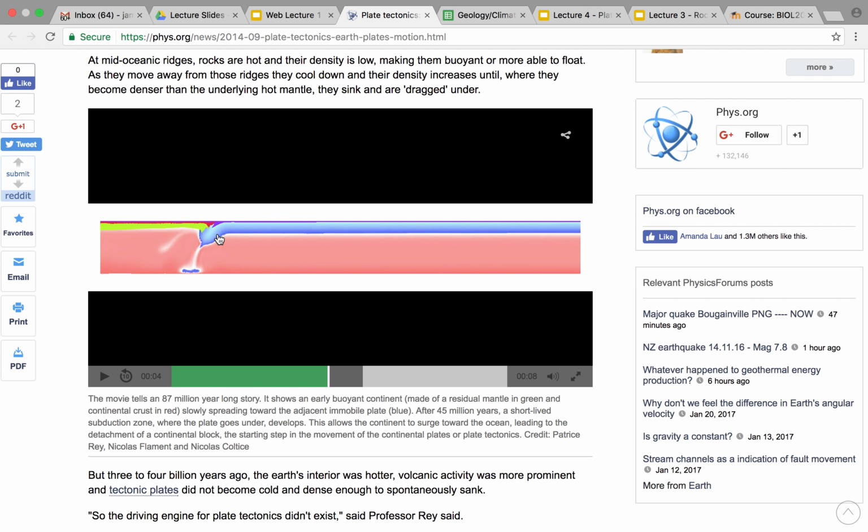And so here we have a more buoyant continental crust coming up against a denser, less buoyant oceanic crust. And so when they meet together, because this is denser, it will go underneath.